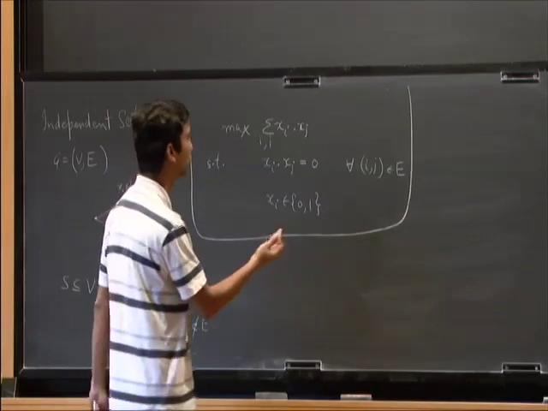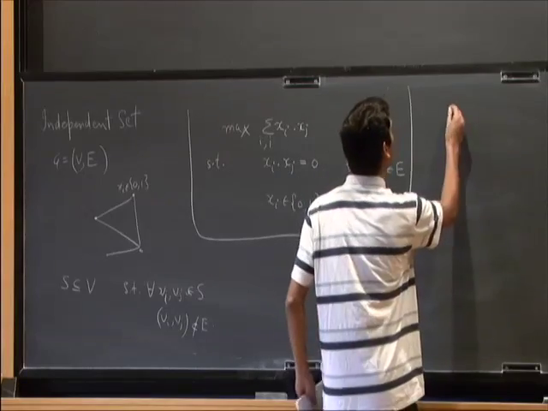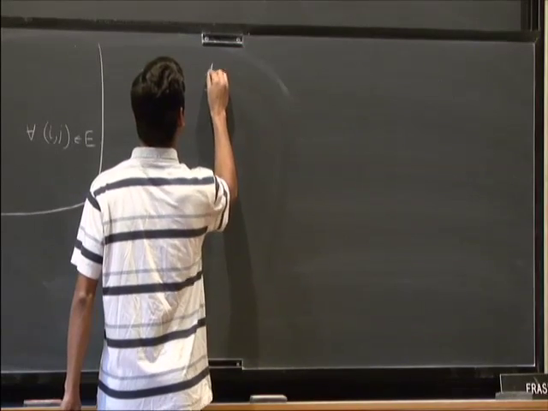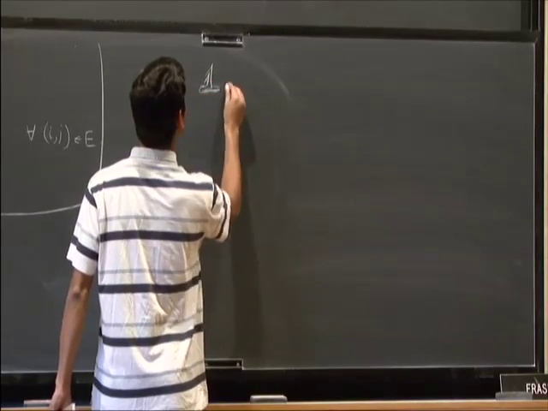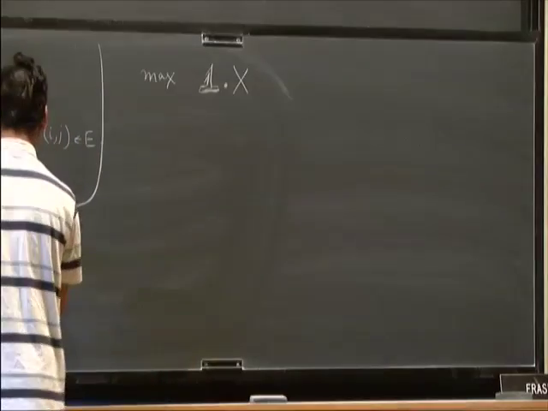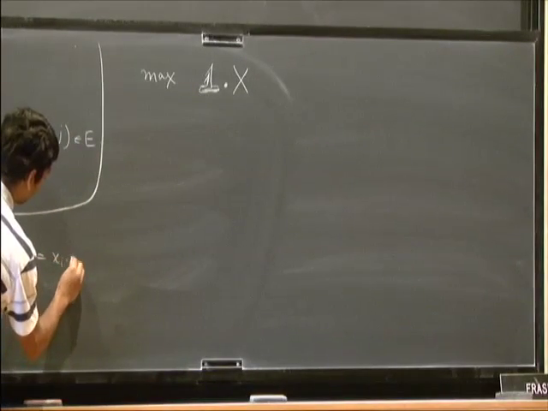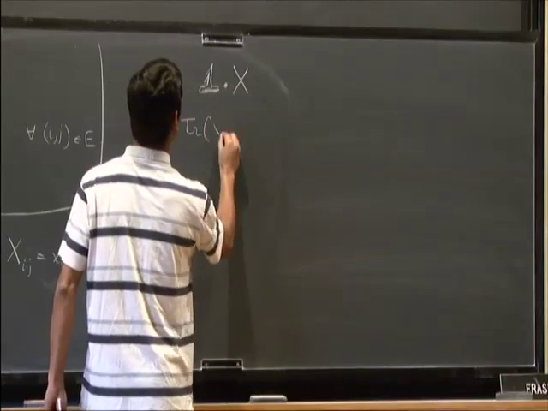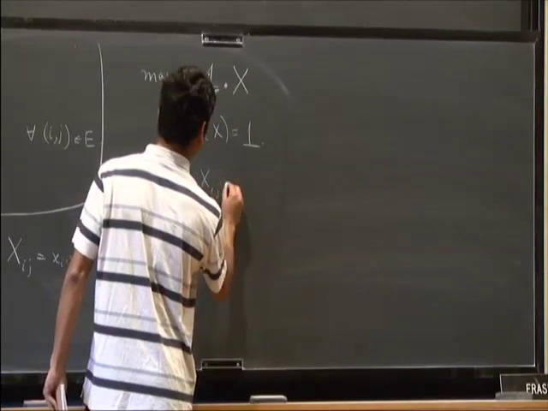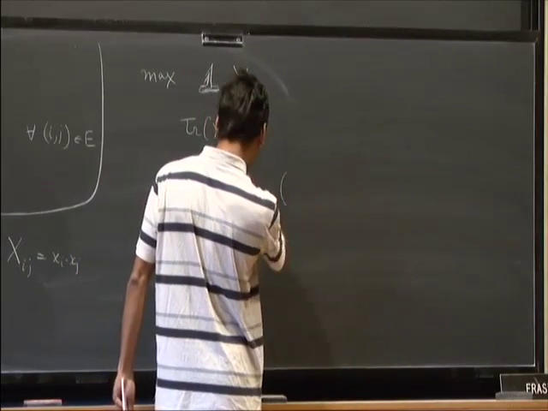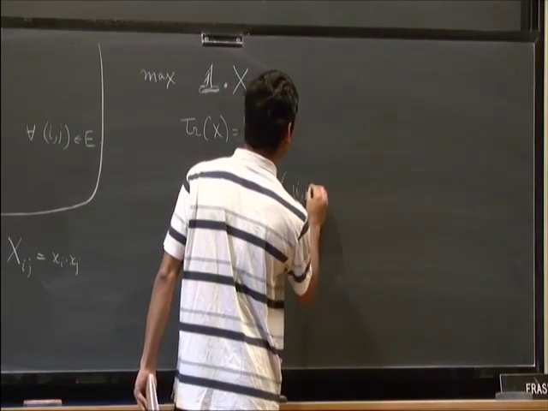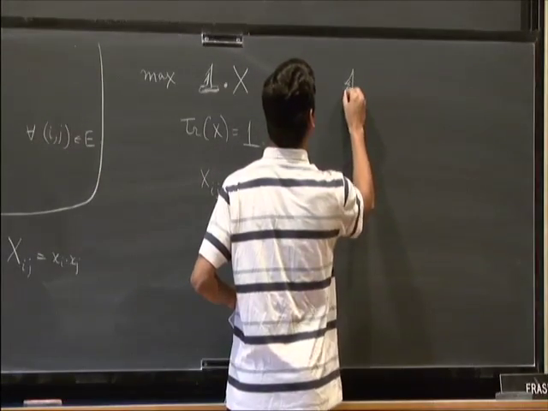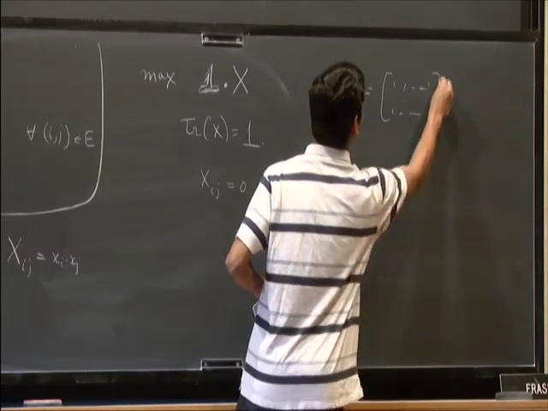So what we do is relax it to a vector program. We maximize the dot product of the all-ones matrix J with X, where now Xij is xi times xj, with a normalization condition, and Xij equal to 0 if ij is an element of E. The all-ones matrix is the 1 1 1 matrix.